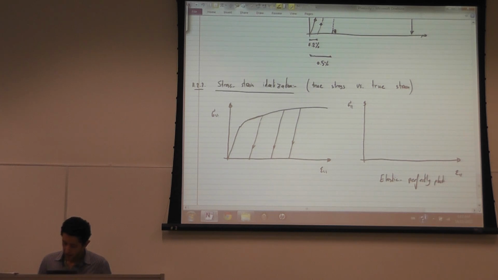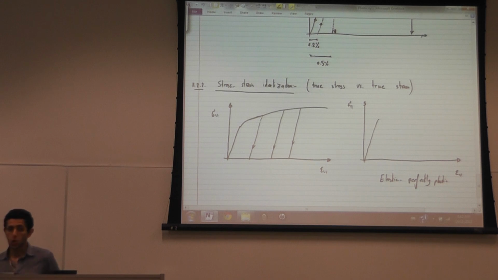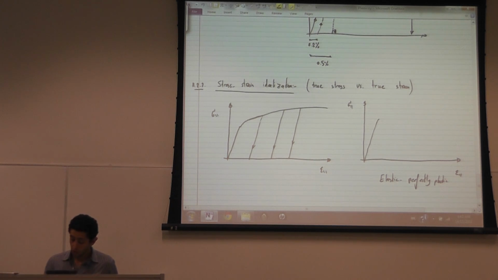If you're doing a hand calculation, which you probably don't need to do anymore, but if you're in a consultant office and an old consultant who does a lot of work with metals, they probably like this model where I don't really care about how much the stress increases beyond the initial yield.